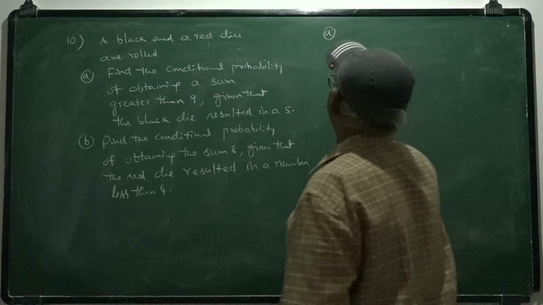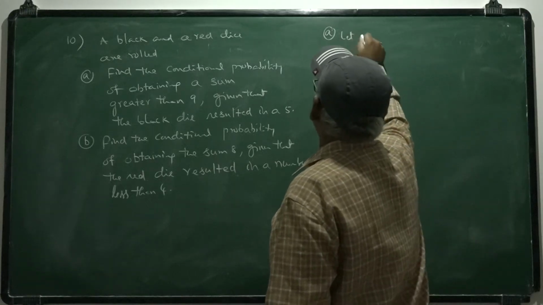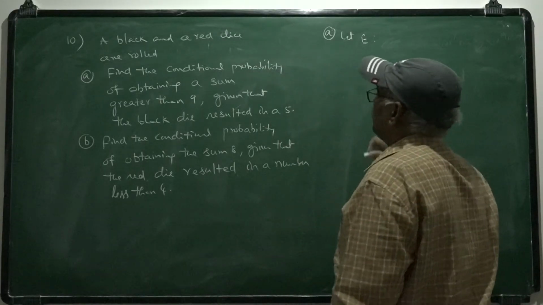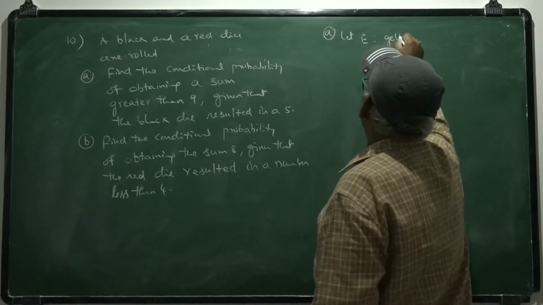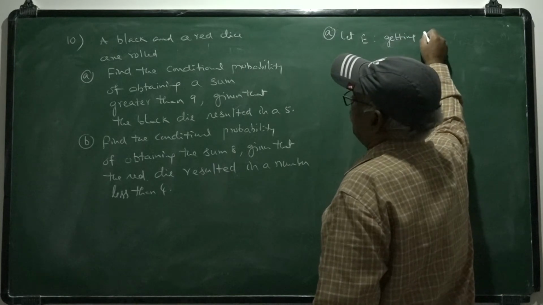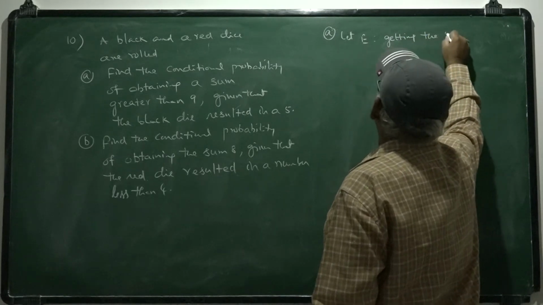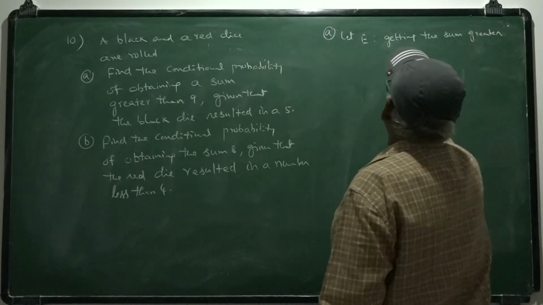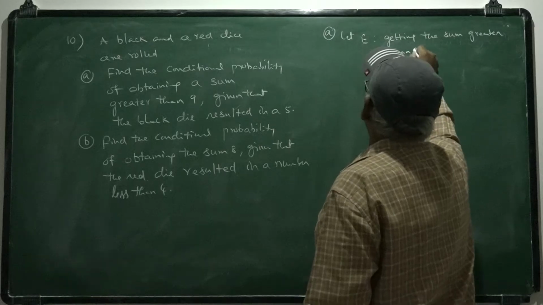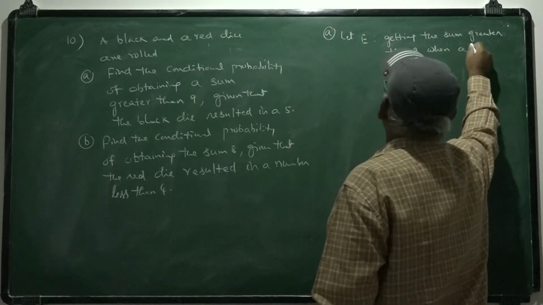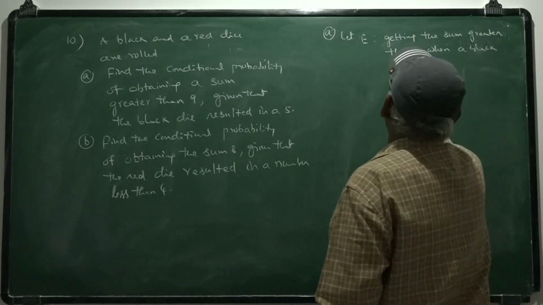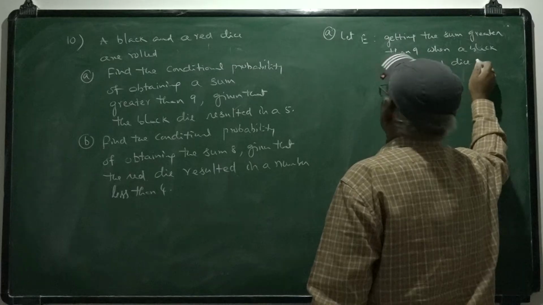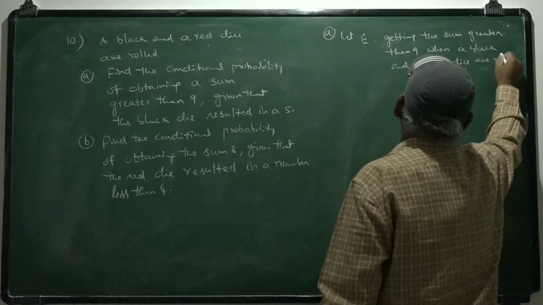Let E be the event of getting the sum greater than 9 when a black and a red dice are rolled once.